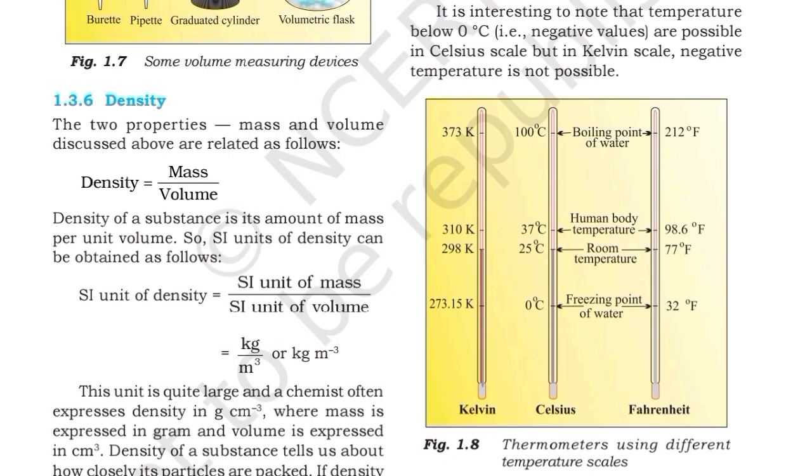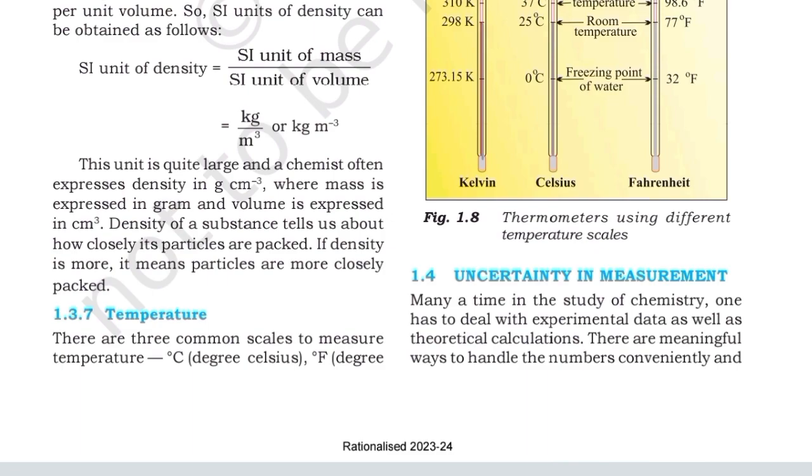Density. Two properties, mass and volume, discussed above, are related as follows. Density is equal to mass by volume. Density of a substance is its amount of mass per unit volume. So, the SI unit of density can be obtained as follows. SI unit of density is equal to SI unit of mass divided by SI unit of volume, which is equal to kg by meter cube, or kg per meter cube.